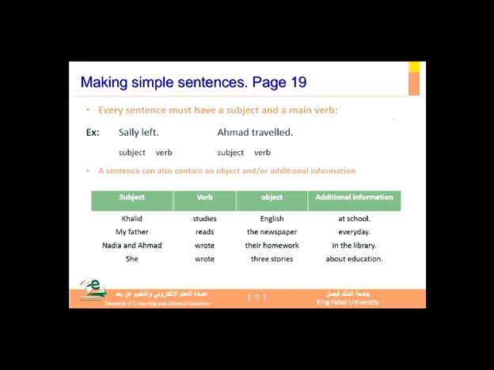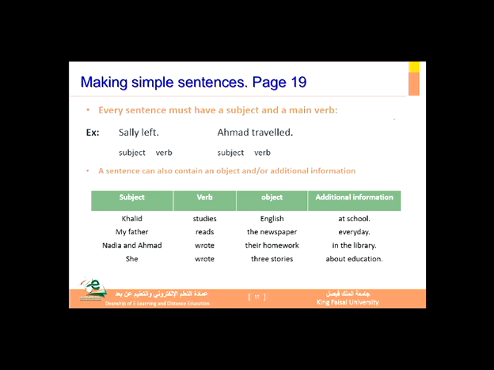Again, every sentence must have a subject and a main verb. English is different from Arabic. In Arabic, you can have a sentence that starts with a subject and is followed by an adjective, for example. But in English, the sentence has to start with a subject followed by a verb. There should be a verb.